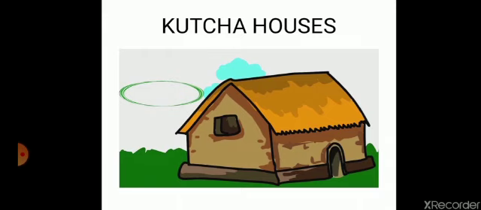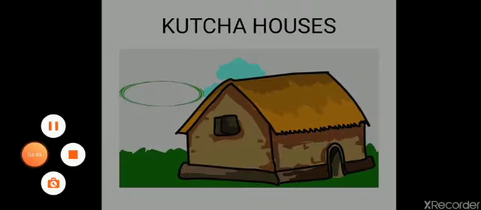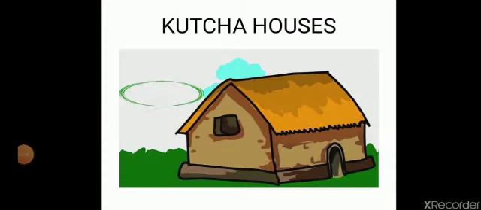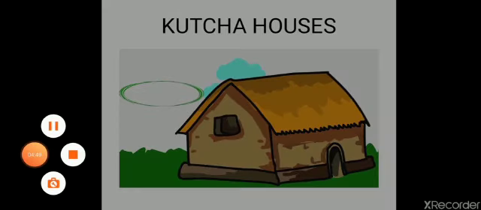Sometimes it is not possible to make a Pakka house everywhere. If we want to build a house at our farm, we can make a Kacha house there. Kacha houses are basically found in villages.